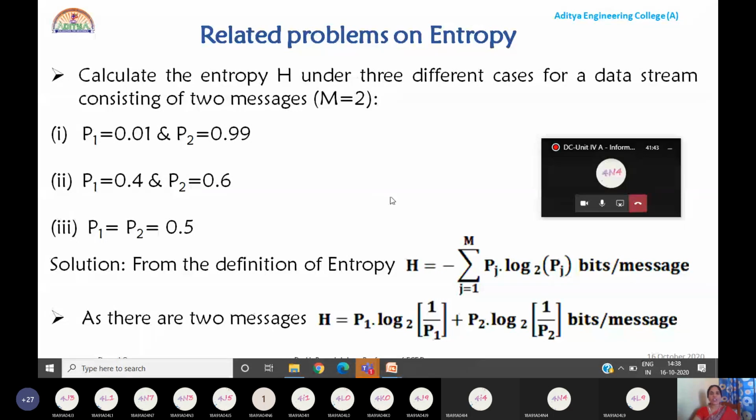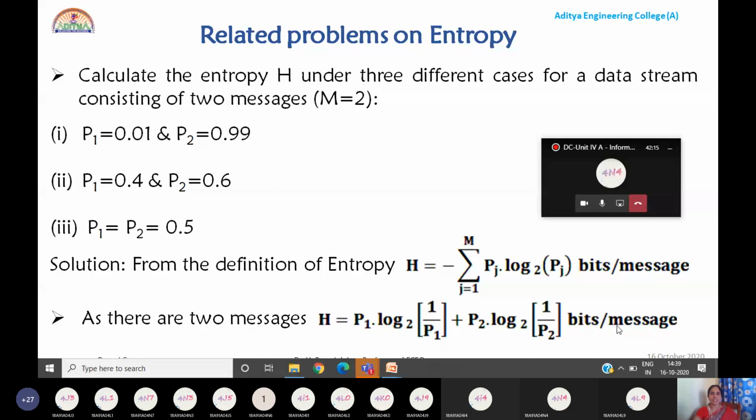What is the definition for entropy? H is equal to minus summation j is equal to 1 to M of p suffix j log p suffix j, base 2, bits per message. Because there are two messages, capital M will be 2. So H is P1 log 1 by P1 base 2 plus P2 log 1 by P2 base 2 bits per message.